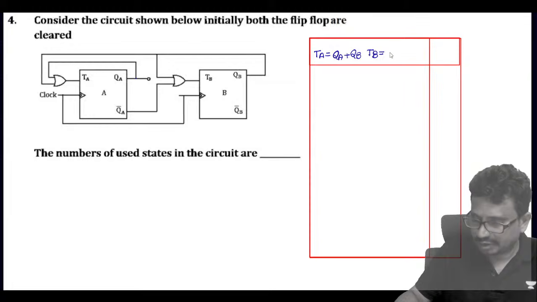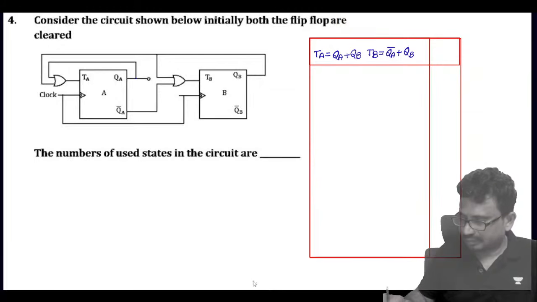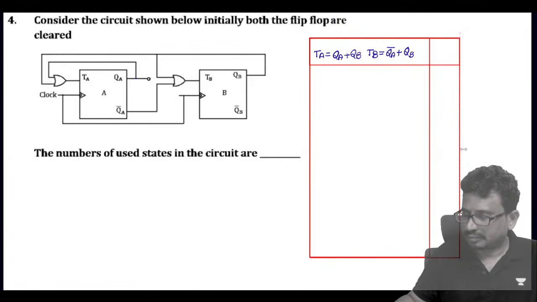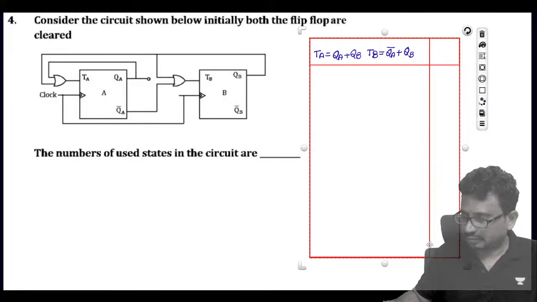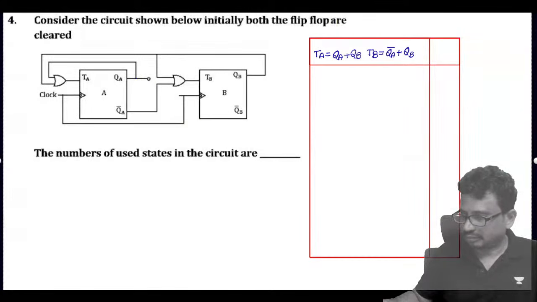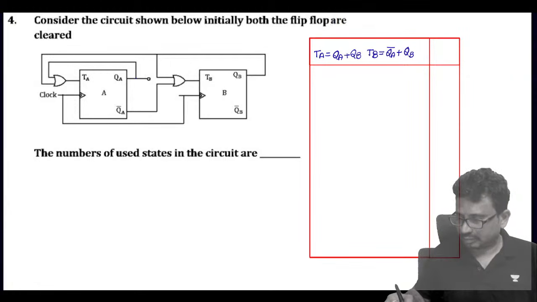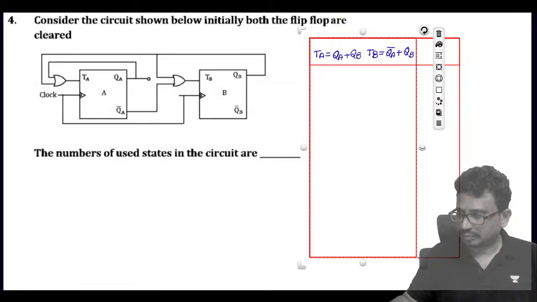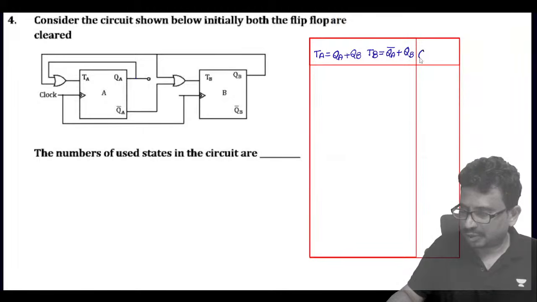So this is what element of QA bar plus QB. Now you tell me now, so this is QA plus and QB plus.